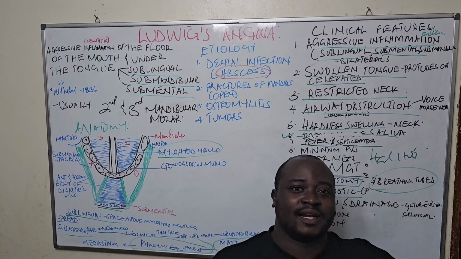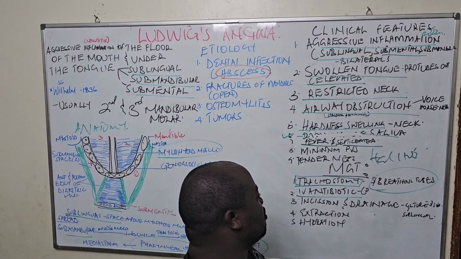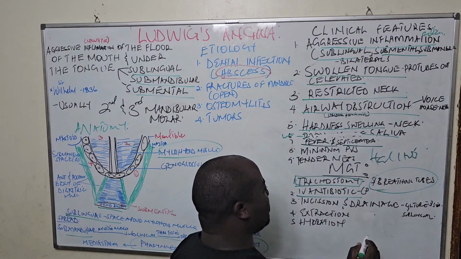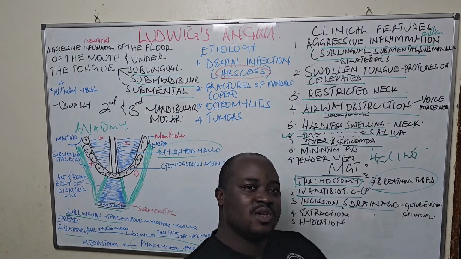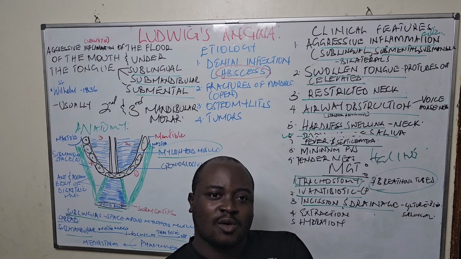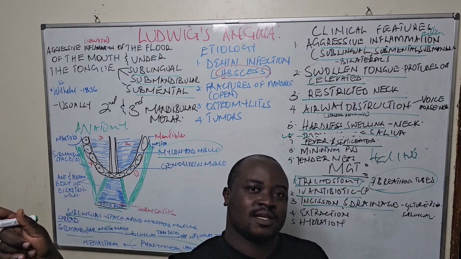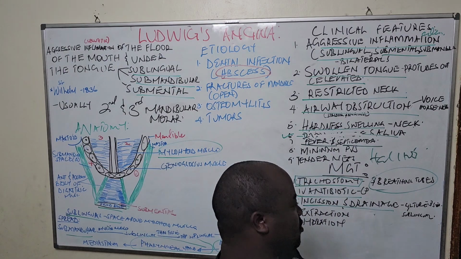You give empiric therapy, where you give antibiotic treatment. Then you can do incision and drainage. After doing incision and drainage is when you collect pus or exudate, and you take it for culture and sensitivity. This should be done as fast as possible.